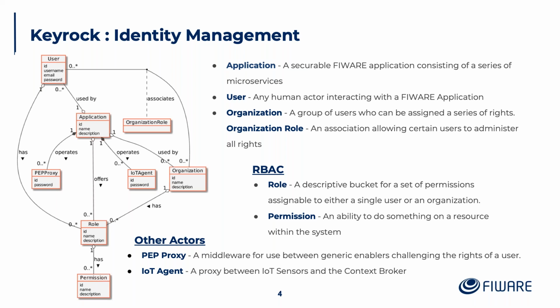So within each application, you will generally have either users, which are just individuals who can do things directly, or organizations, which are groups of users. And in order to reduce the administration burden, there is also a relationship organization role, which would mean that you can offer an administration role to another user who could then just set up people into that particular organization.